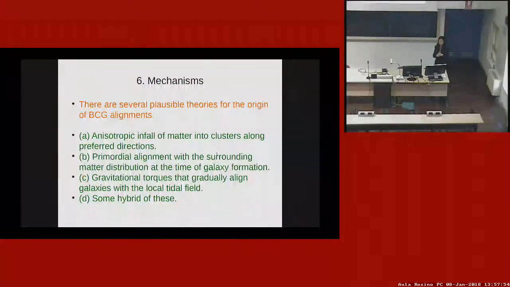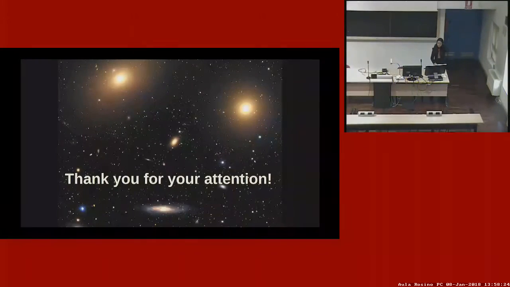Third is the gravitational torque that gradually aligns the galaxy with the local tidal field. And finally, a possible combination of those. However, the paper presented here is still not able to differentiate between these different scenarios. So that's it. Thank you.